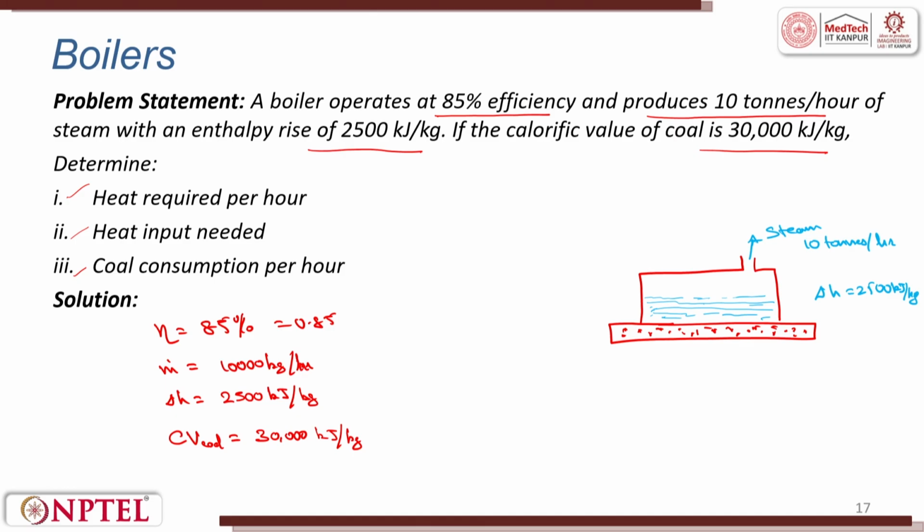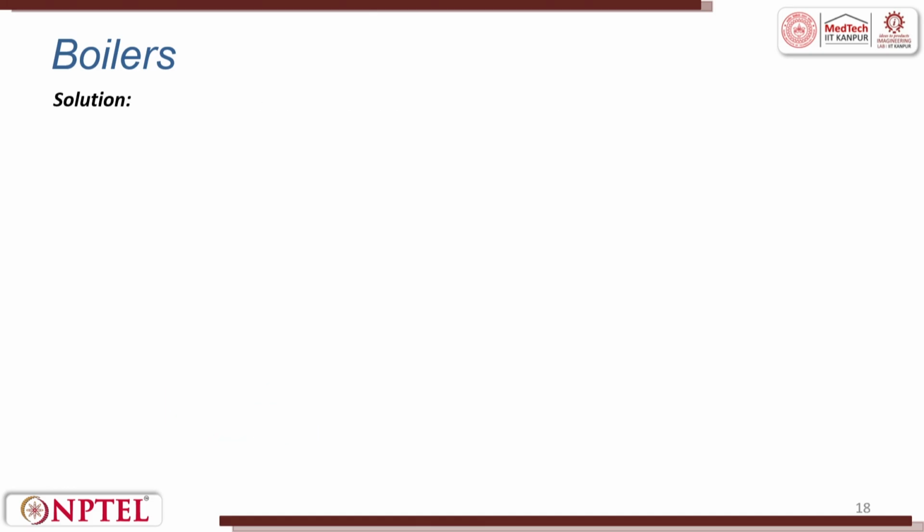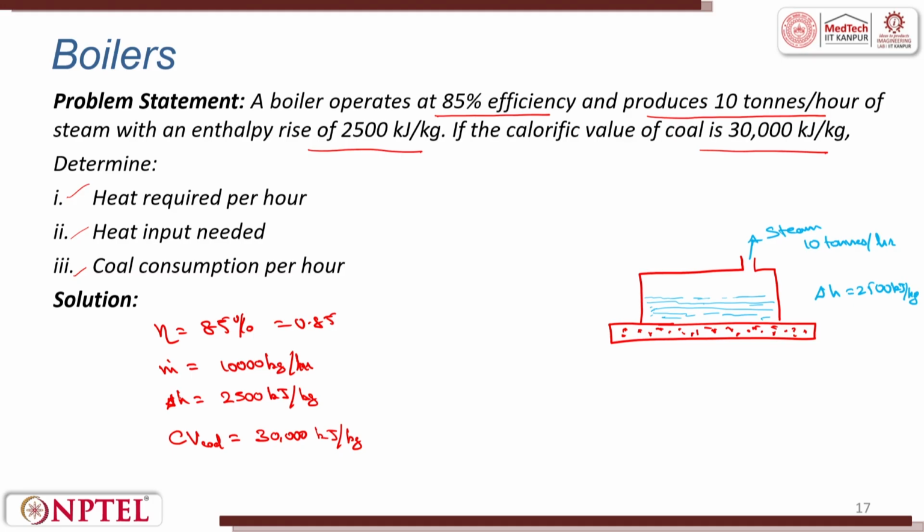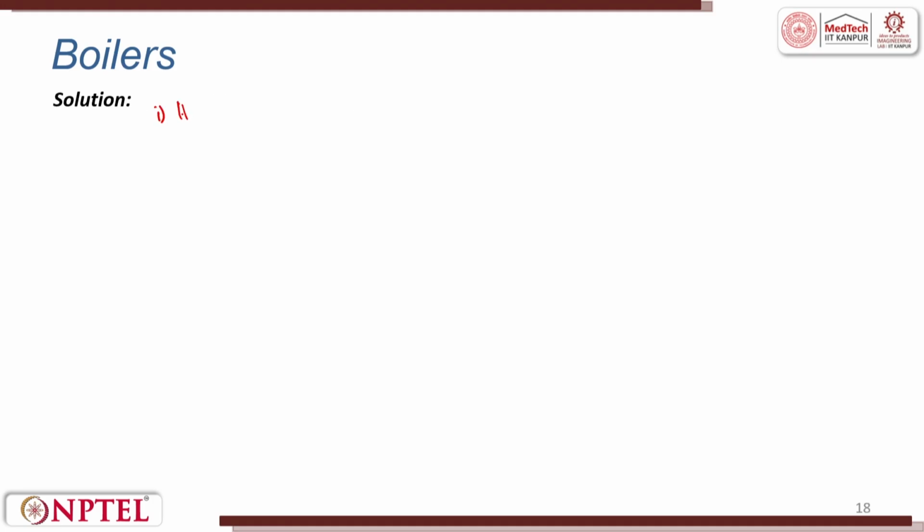Now, first part, heat required per hour. Heat required per hour is simply the product of the mass flow rate and the enthalpy rise.